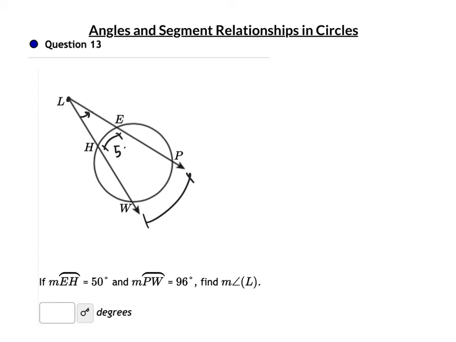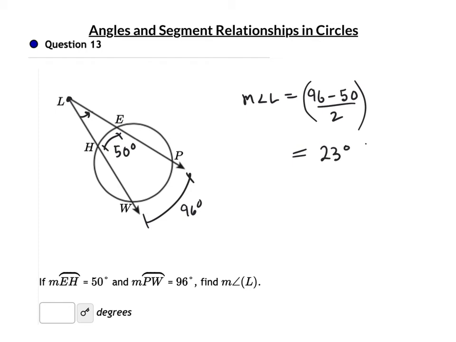EH is 50 degrees. PW is 96 degrees. The measure of angle L is the big arc, 96, minus the small arc, 50, divided by 2. And that is 23 degrees.